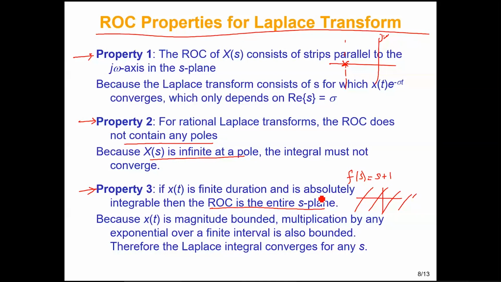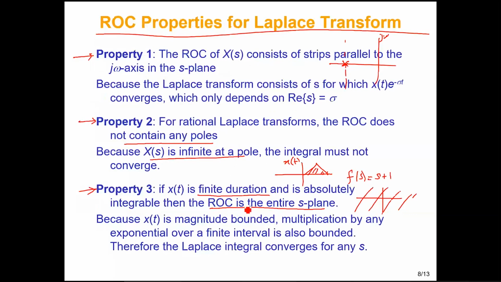That typically happens if we end up getting x of t which is of finite duration. If your x of t starts and ends at a particular location and the area under the graph is also a finite value, then once you take your Laplace transform, it will have no pole, and if you have no pole, your region of convergence will be the entire s-plane.